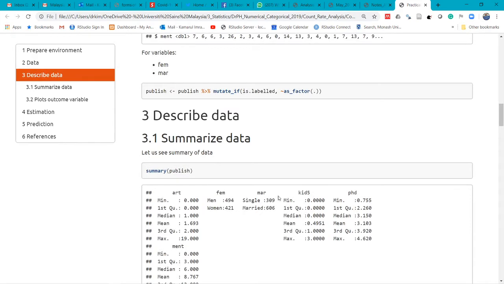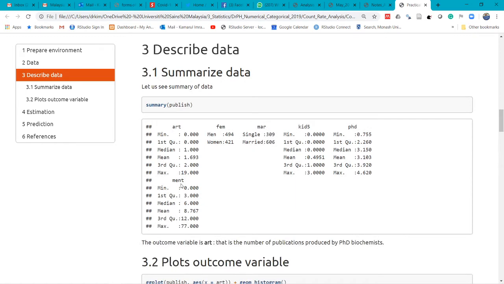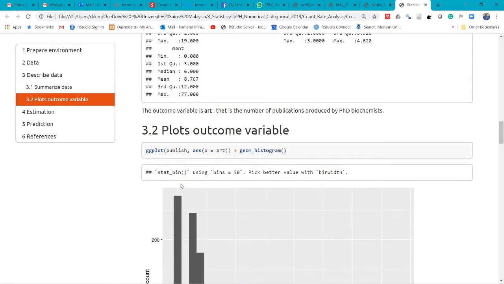Then I use summary to get the quick summary statistics, and then I use ggplot, dataset publish, and the variable of interest is ART.